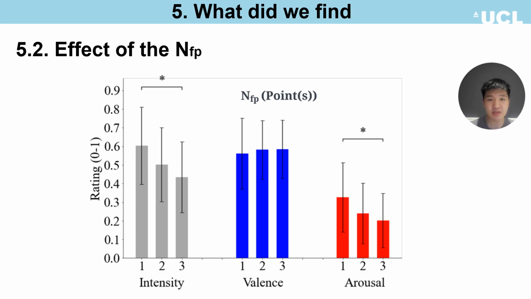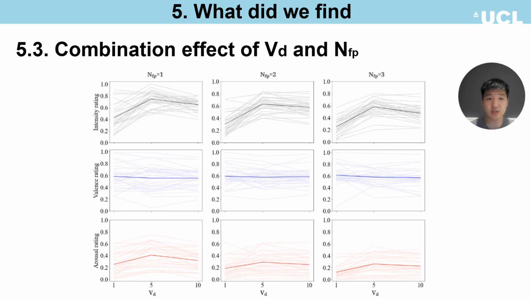Later, to see the whole picture of how the investigated tactile experiences are affected by the traditional spatiotemporal modulation parameter, which is the joint speed, under different number of focal point conditions, we display the combined effect of joint speed and number of focal points on perceived intensity, valence, and arousal.